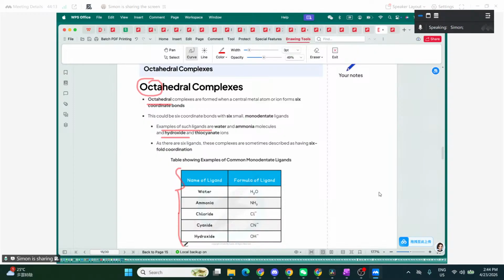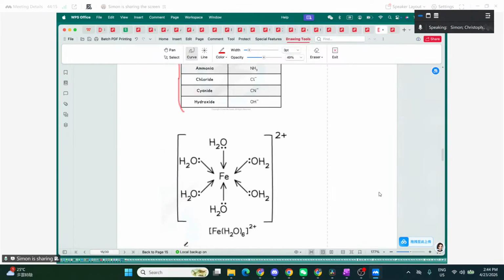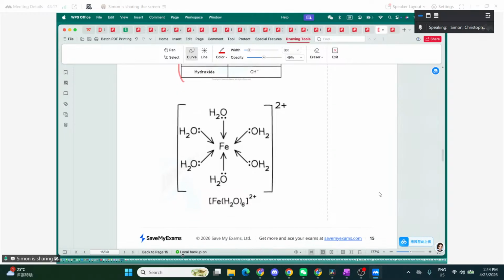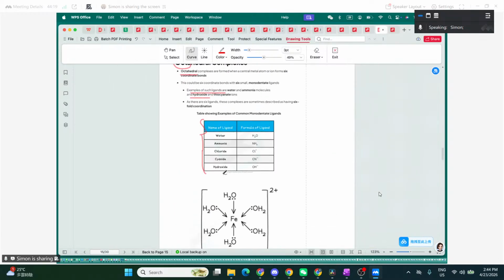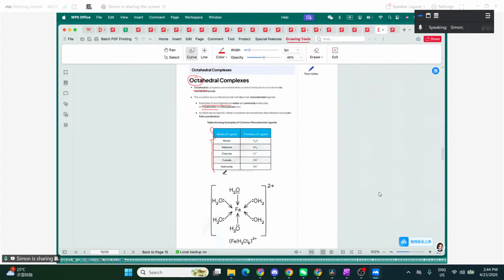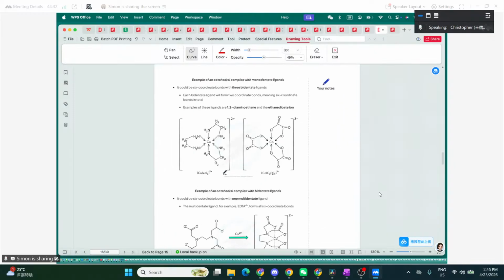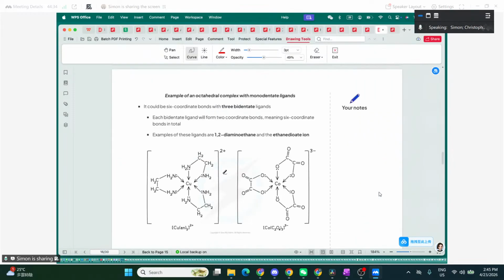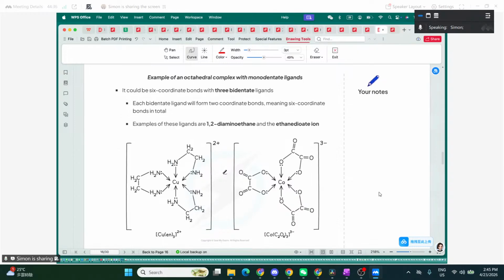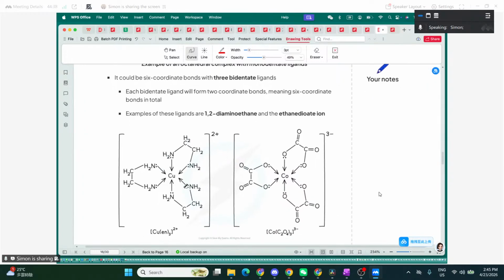Look at the graph. The number of the ligands is what?